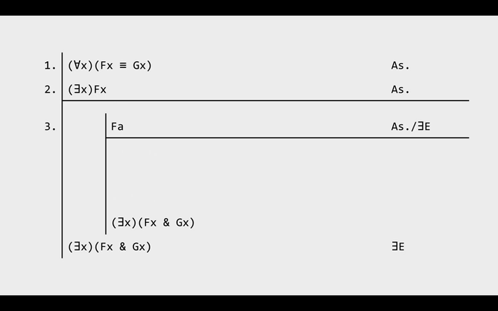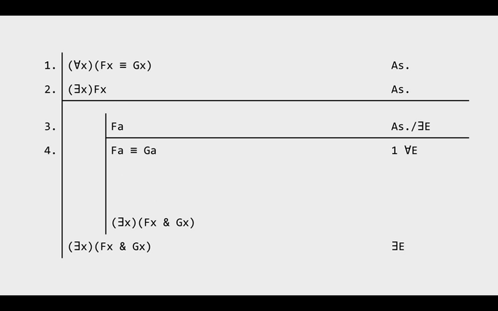And last but not least, you have to check that your individual constant isn't in the target sentence. As you can see there at the bottom, there is no lowercase a there, so we are good to go. This assumption is a legal assumption. Okay. Having done that, number 1 looks nice and ready for us to do a universal elimination. So I went ahead and did that.